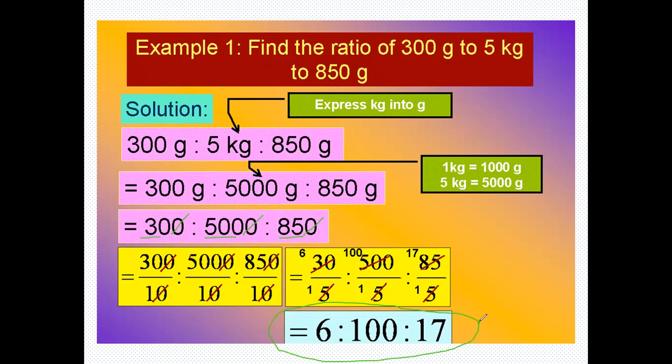That is just the same with a ratio. We can simplify it to the lowest term by dividing by the highest common factor of the 3. In here the highest common factor is 5. So the simplest form of the ratio is 60:100:70.